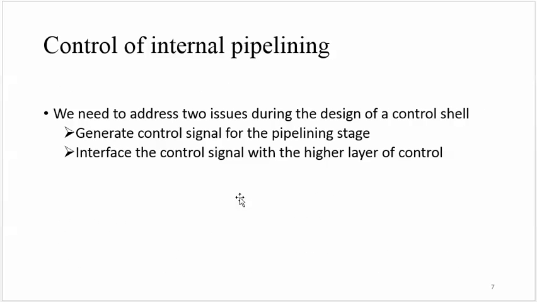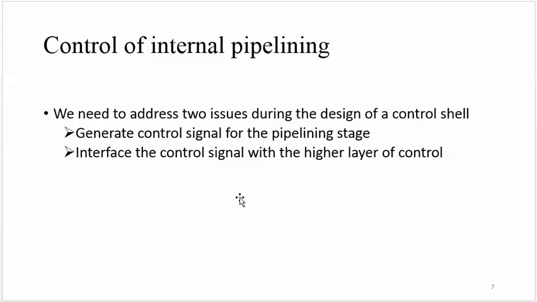Let's see the control of pipelining. When a custom hardware module has internal pipeline stages, hierarchical control becomes more intricate. So we need to design our controls through the control of internal pipelining. When we are designing, we have to address two issues.